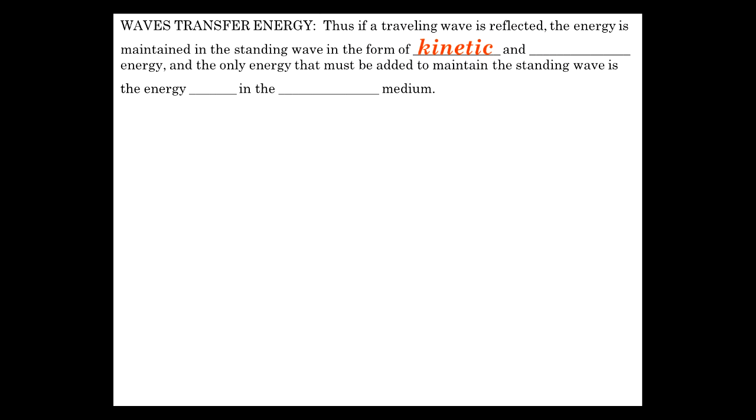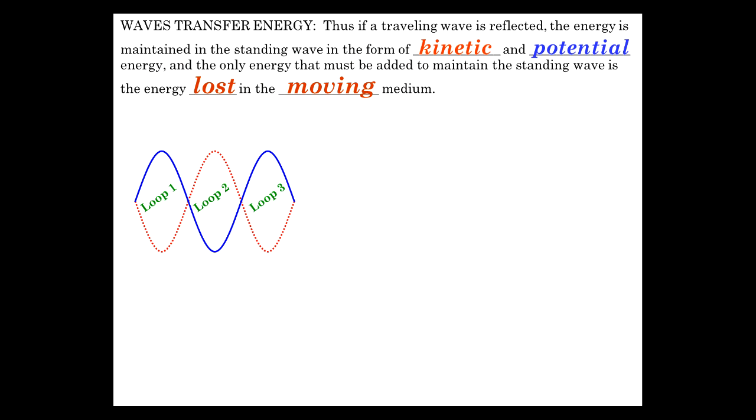So the energy is continuously maintained in the system in the form of kinetic and potential energy, going between one and the other as these antinodal loops are whipping around, which is not a very technical term, but kind of how it looks. The only energy that has to be supplied to keep that going is the energy lost to frictional loss, basically. A moving medium typically has some losses.